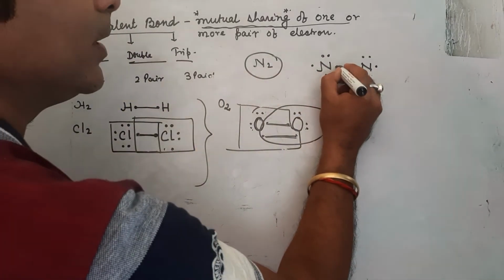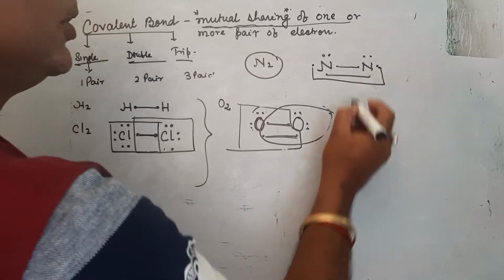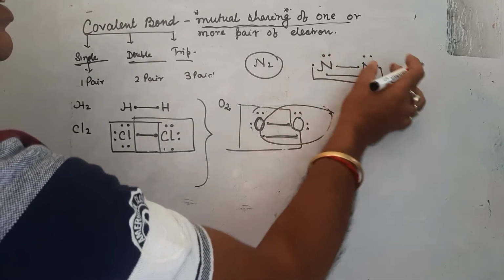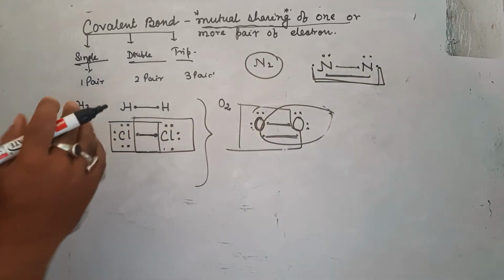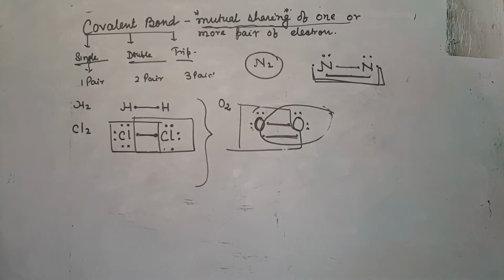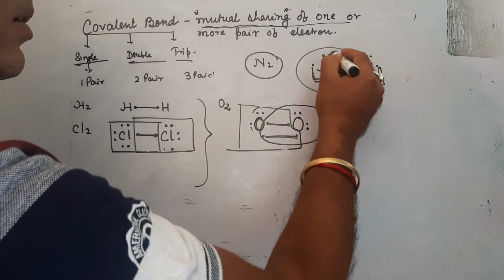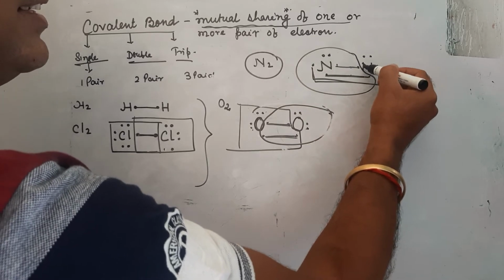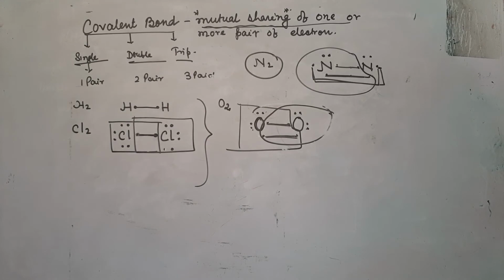In a triple bond, three pairs of electrons, 1 pair, 2 pair and 3 pair, are mutually shared with each other and form a molecule. So each nitrogen also completes 8, and like this they complete their molecules.